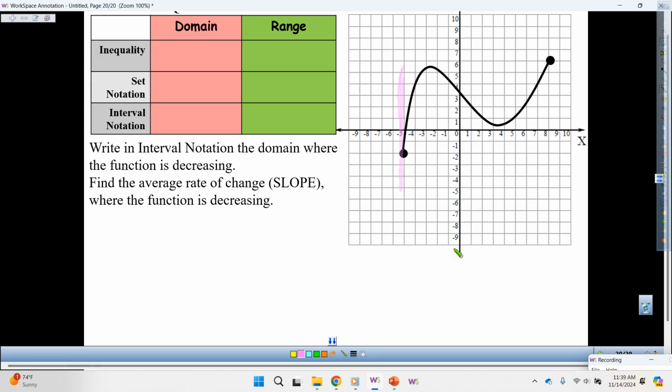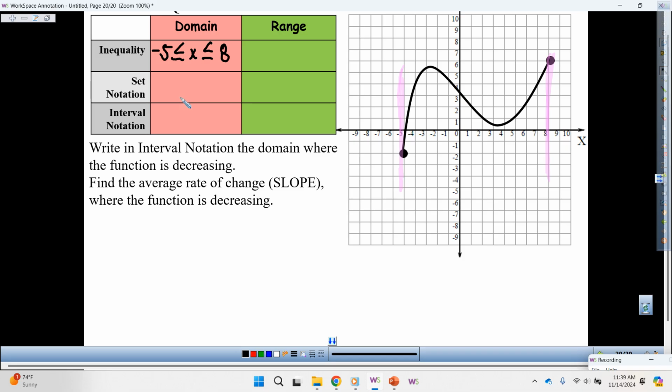It looks about right. -5. And what is the farthest to the right? 8. Let's go with 8. Okay. So, -5 to 8 on our x, arrows to the left. Are these close points? So we put what? Equal and equal. So, do we know how to write the set notation?